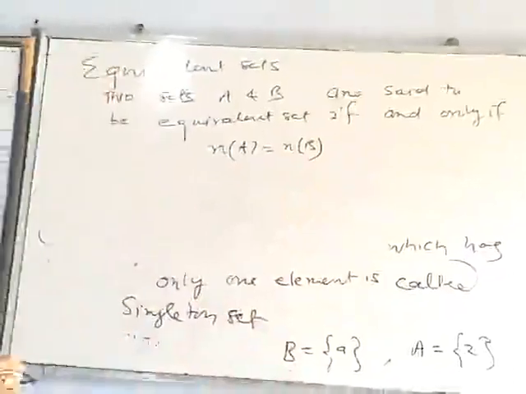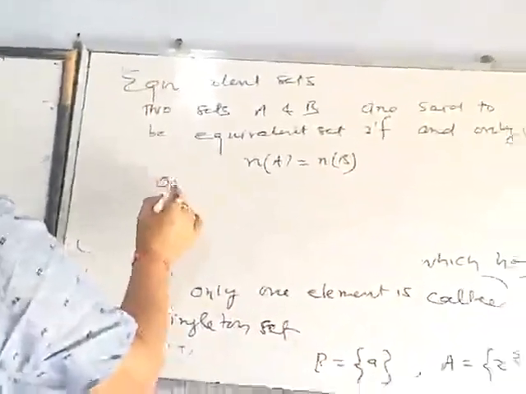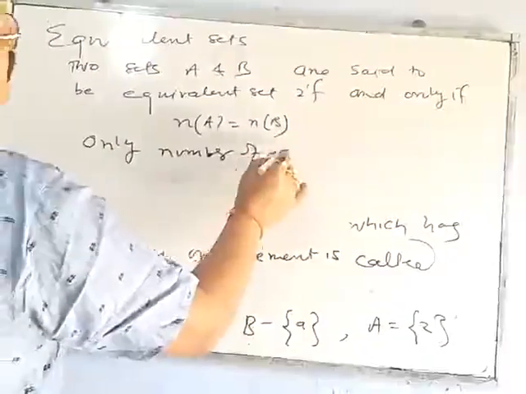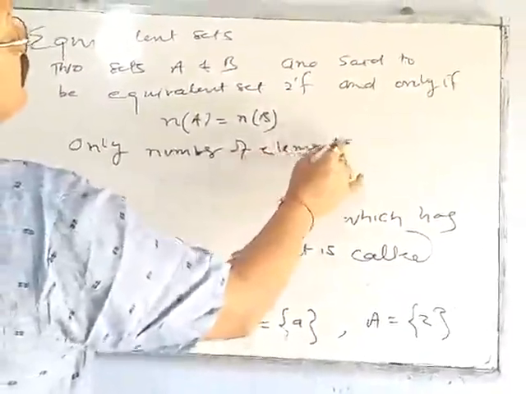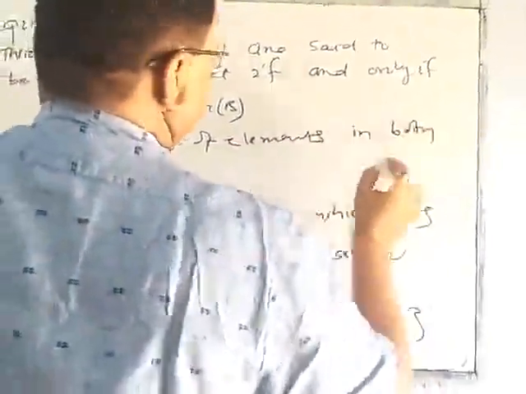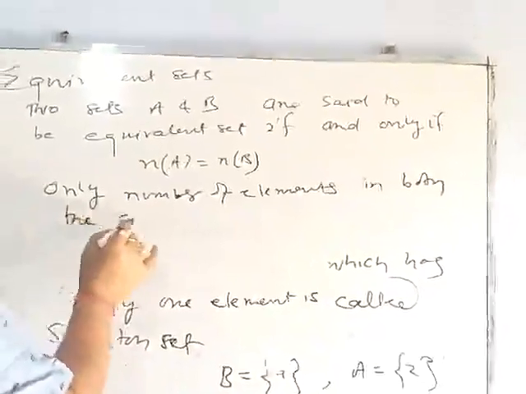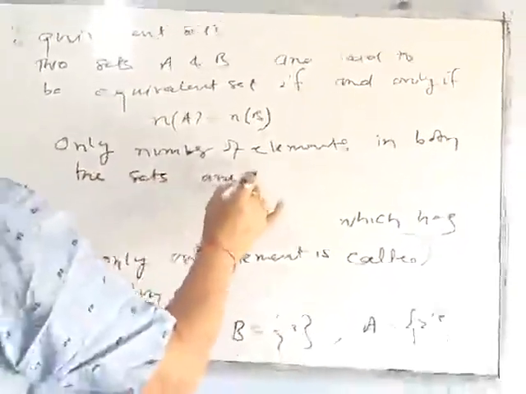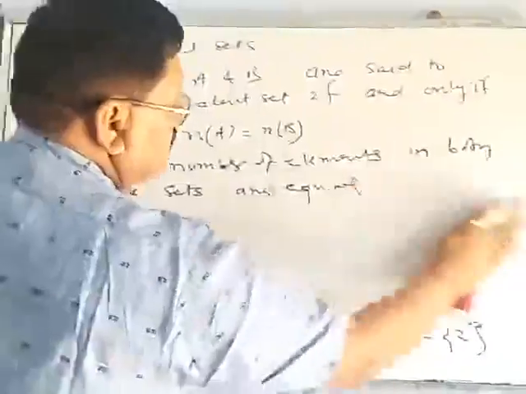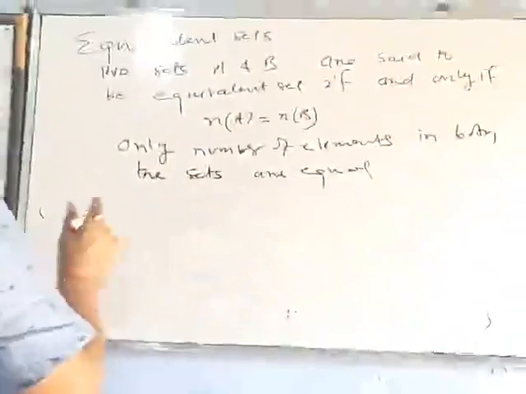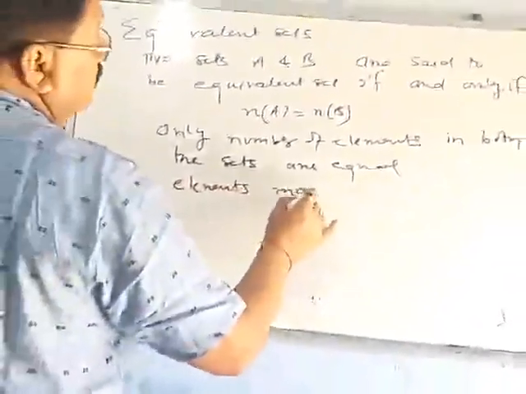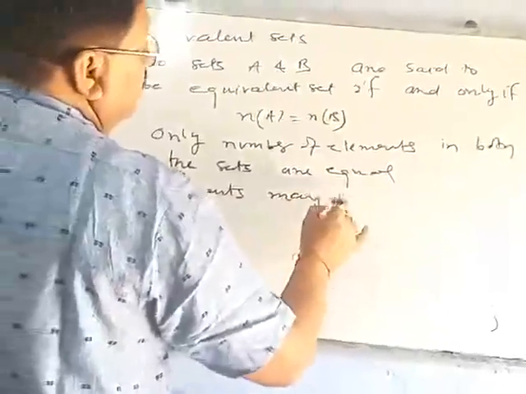Only the number of elements in both the sets is equal. Elements may be different.